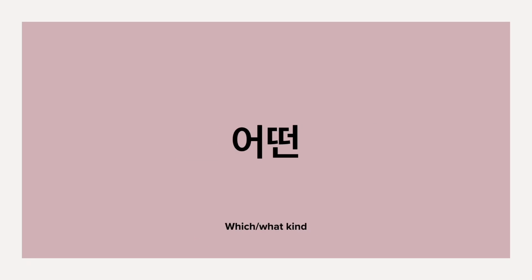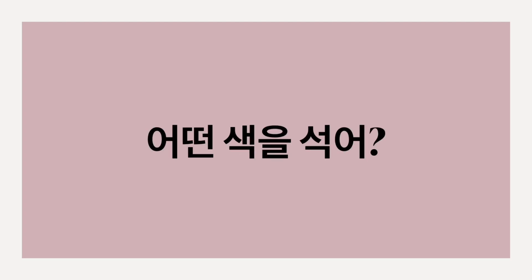Okay, now we're going to move on to the second sentence. So it starts with 어떤. 어떤, which means which or what kind. 어떤, which, 색, color, 을 is an object marker, 섞어, mix, and this is asking a question. 어떤 색을 섞어?